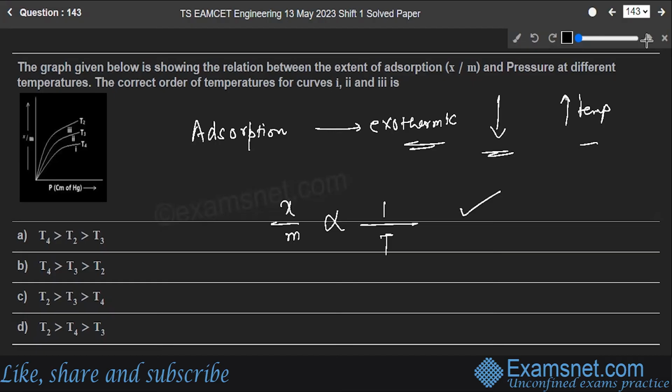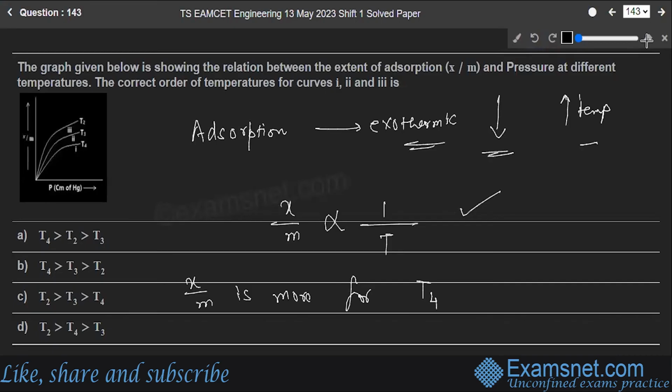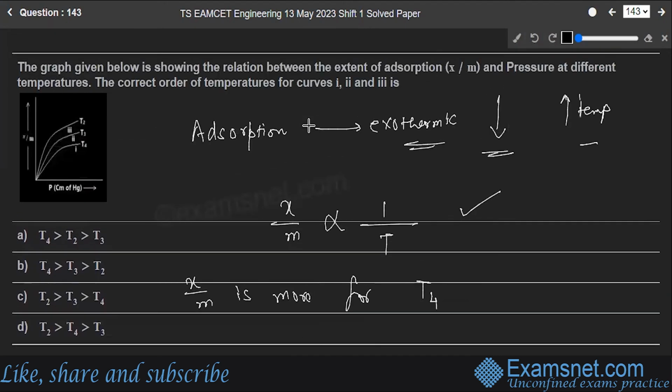So according to the graph, x upon m is more for T4. Therefore, the correct order becomes T4, then T3, followed by T2. So that is option B. This is the right answer to the question.